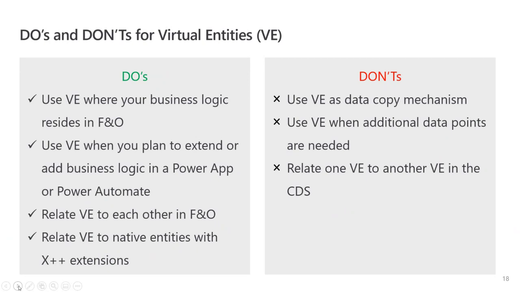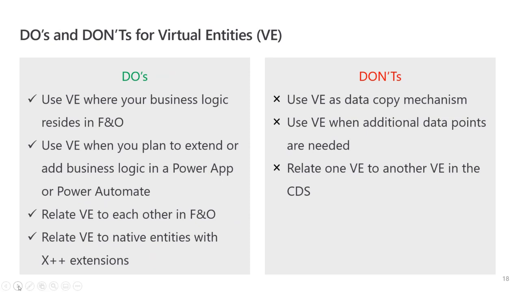So some do's and don'ts for your virtual entities. You do want to use virtual entities where your business logic resides in finance and operations. So if all of the logic that you need to execute is over in finance and operations, and we don't need to have additional business logic where the data is required in the Common Data Service or in CE, virtual entities are a good candidate.